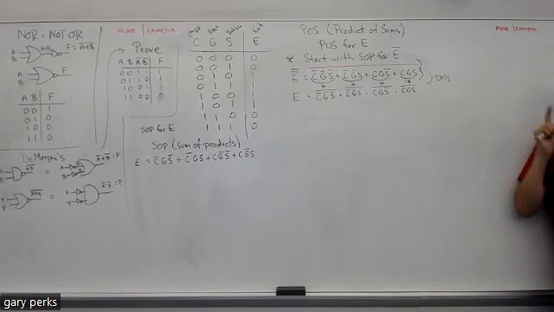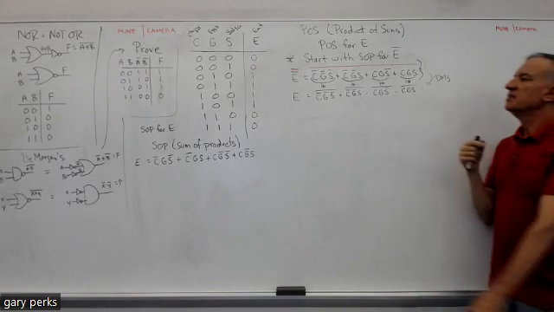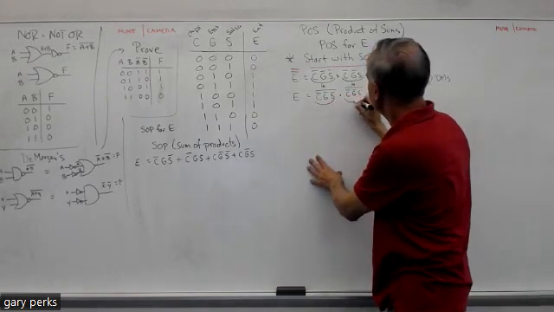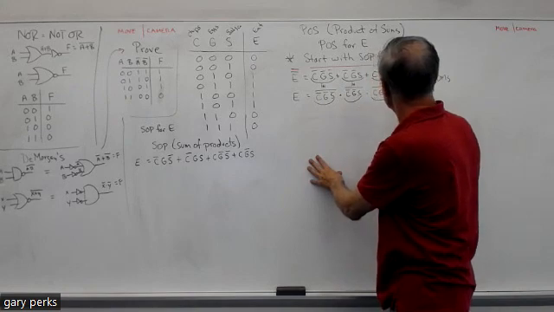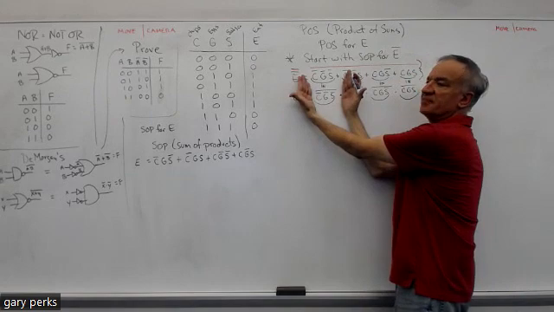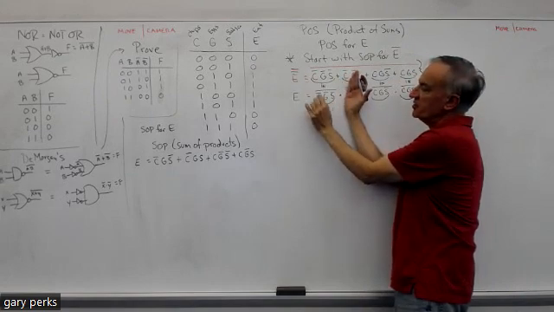All right, now, we're not to POS yet. There's one more step. Look at this term. Just look at that term right there. Can you tell me what kind of gate that is if you consider these to be inputs?